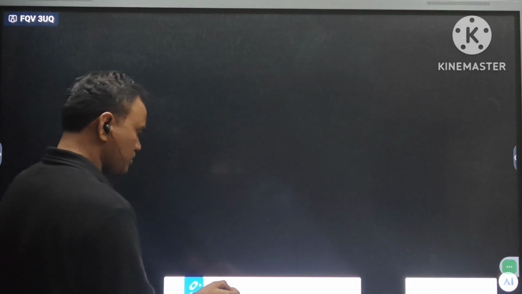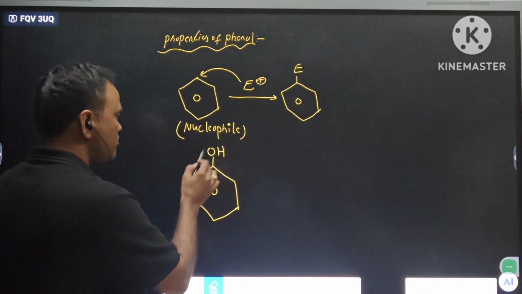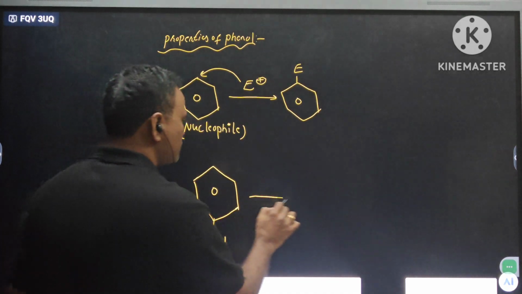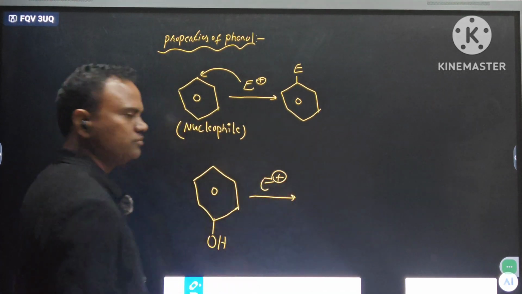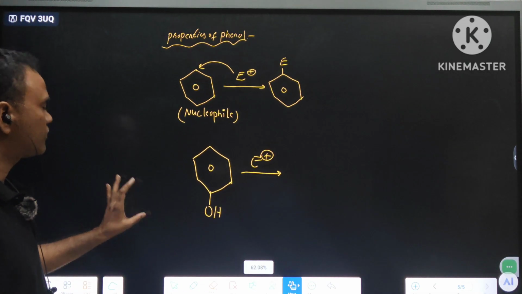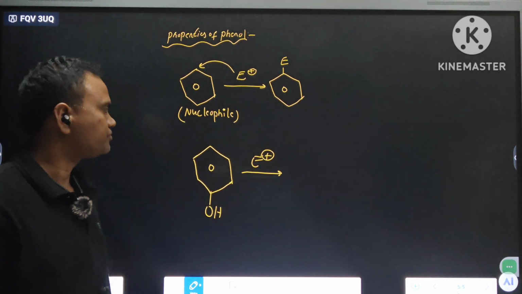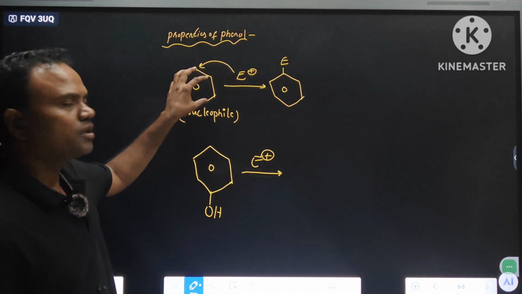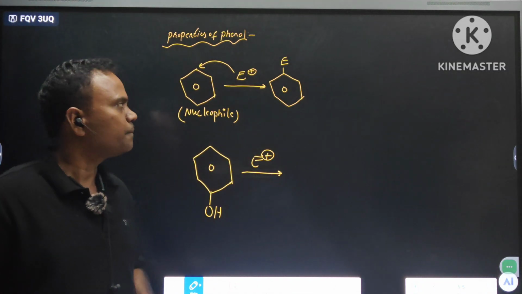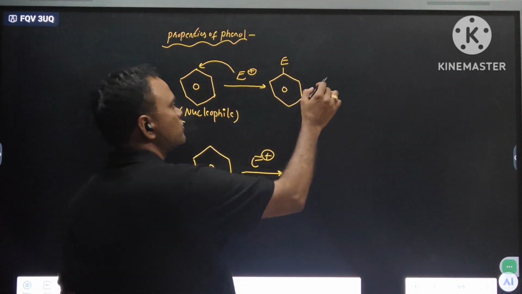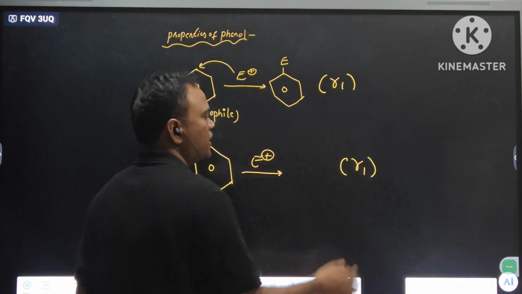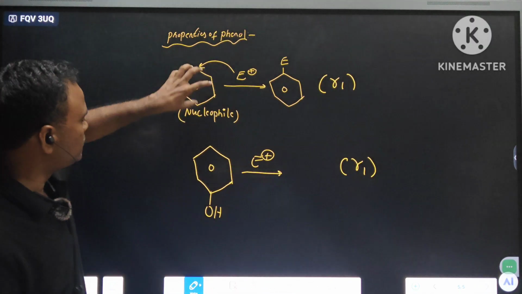Once look at this. Take phenol here, right? OH here. Here I am adding electrophile. See, electrophile is attacking this ring. Here also electrophile is attacking this ring, right? Which is more reactive towards electrophile?